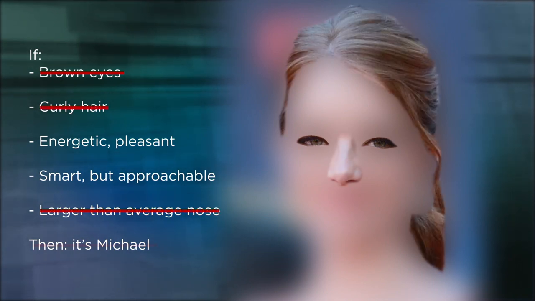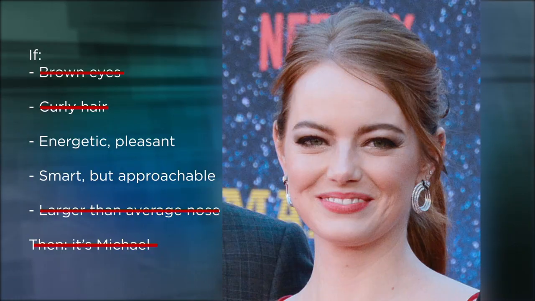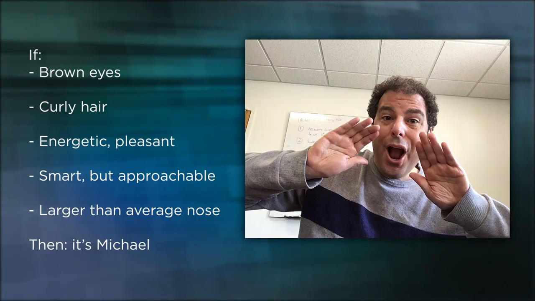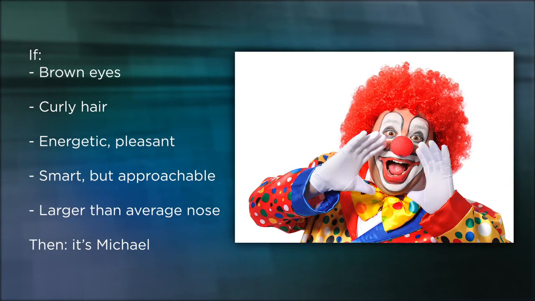It's not me. It turns out it's Emma Stone, star of many major motion pictures, but no machine learning courses. Yet. What does the rule do with this person? Well, it matches on all the features, so the rule would classify this person as me. But no, it's not me.